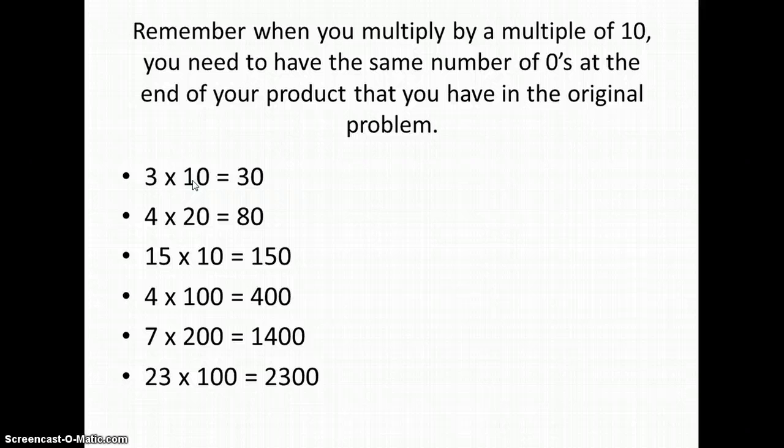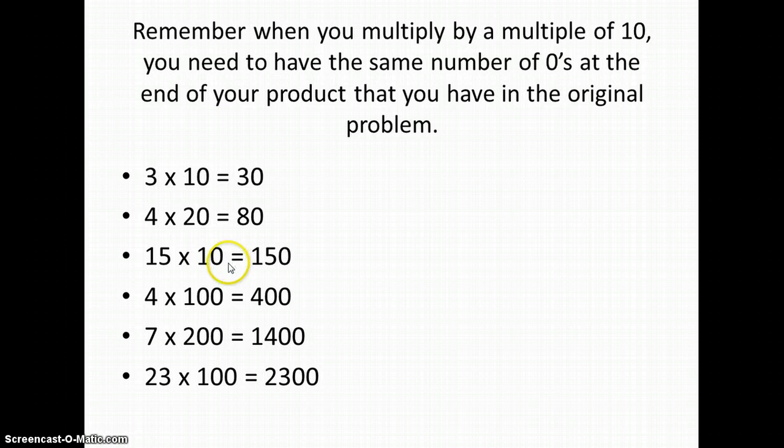So in the first problem here, I would think 3 times 1, which is 3, and since 10 has 1 zero at the end, I would put a 0 at the end of 3, so 3 times 10 is 30. When I get to a problem like 4 times 20, I would think in my head, what's 4 times 2? And that would give me 8. Then I put a 0 at the end because there's 1 zero in the number 20, so I get 80 as my product.